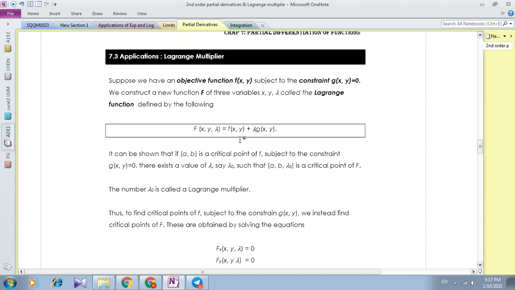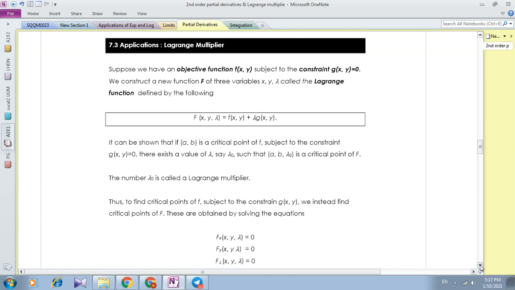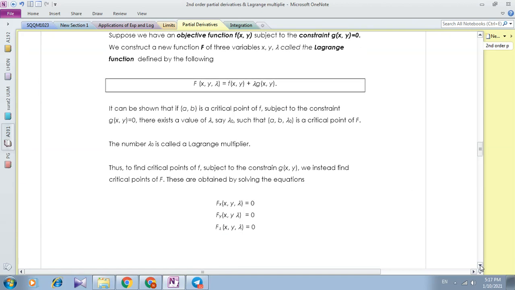We have the formula here: f(x, y) plus lambda g(x, y). The number lambda naught is called a Lagrange multiplier.